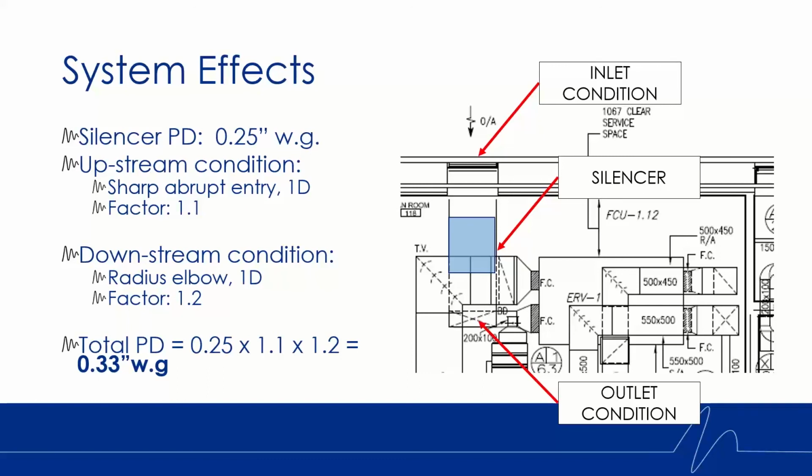We have a sharp, abrupt entry where the air is entering through that louver there, and that's about 1 duct diameter away. We assign that a factor of 1.1. The downstream condition here is a radius elbow about 1 duct diameter down from the silencer, and we assign that a factor of 1.2. So you can see that the total pressure drop of the system here once that silencer is installed is 0.33 inches.